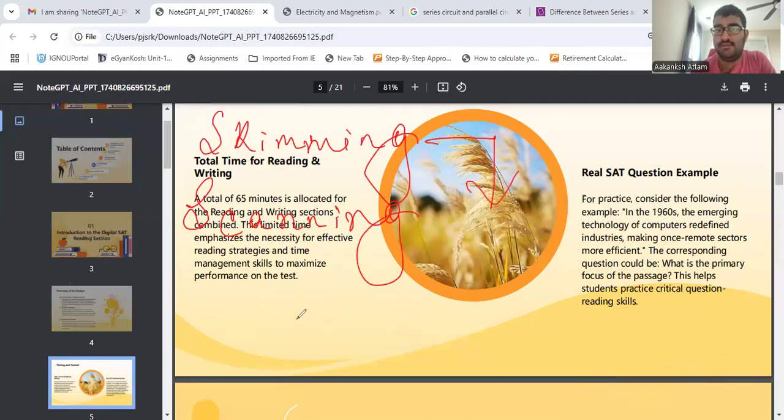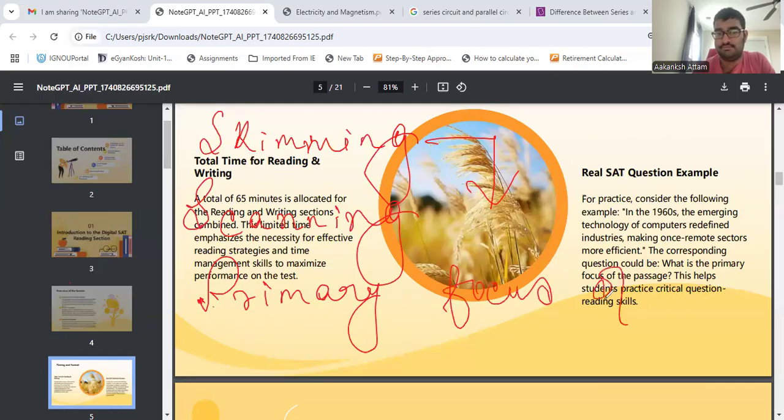When we are trying to identify the primary focus of the message, then we need to skim through the passage.